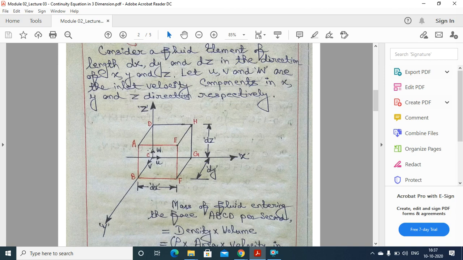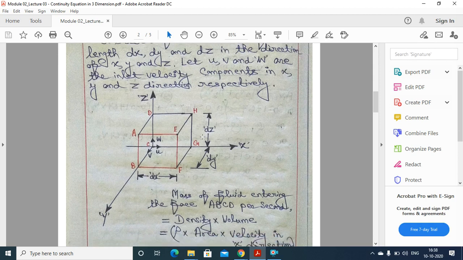If we consider that the fluid is entering into this element through the face ABCD and the fluid is leaving this element through the face EFGH. So the fluid will be entering the element through the face ABCD and leaving through the face EFGH. Clear?